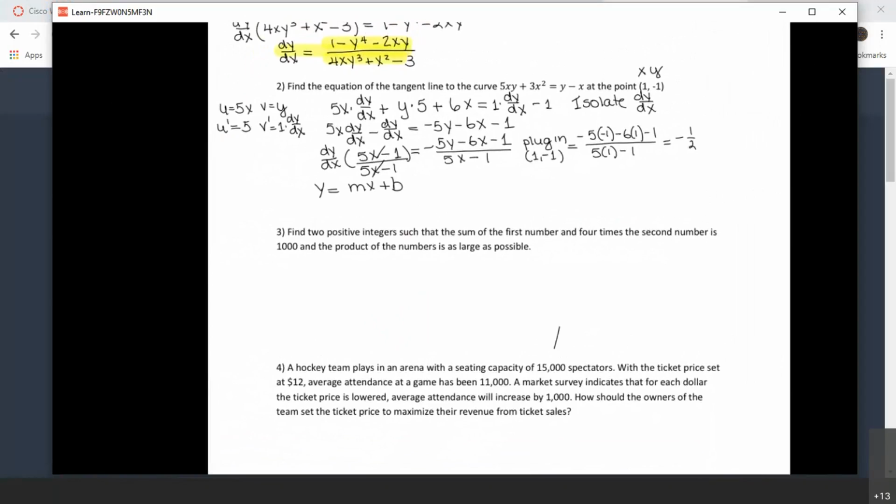So I'm going to plug those in and solve for b. Okay, so my y value is -1. My m value is -1/2, my x value is 1. So this is -1 equals -1/2 times 1, which is just -1/2.